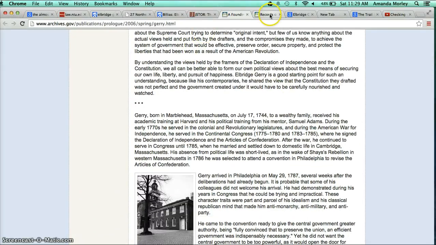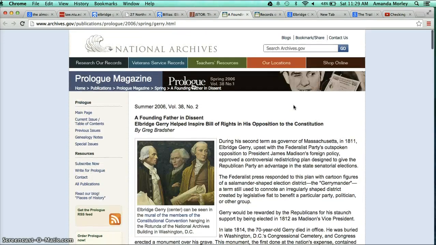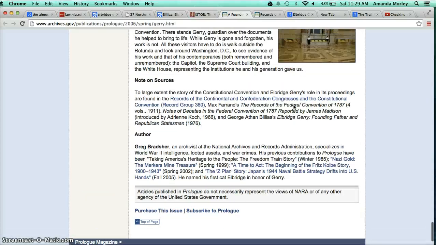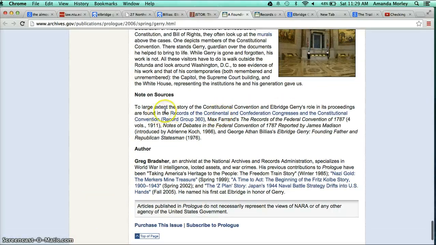Awesome. What I found too, as I was reading, is that a large extent of the story of the Constitutional Convention and Elbridge Gerry's role is found in its proceedings, so I found this. So this could be my primary source. We're going to be talking about archives soon, but I can find this source.